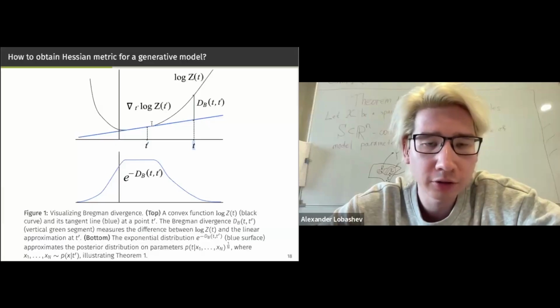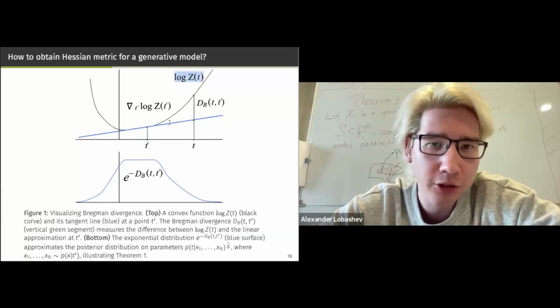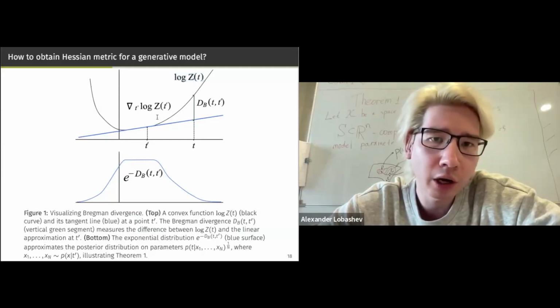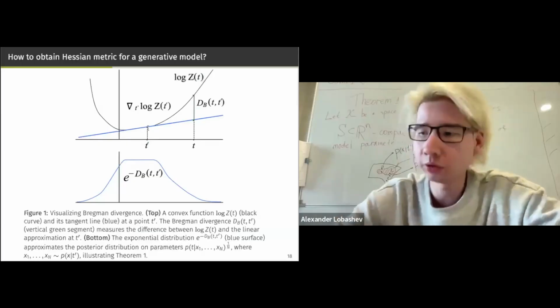And this is actually the difference between our convex function and the straight line, which is a tangent line to our convex function at the point t.